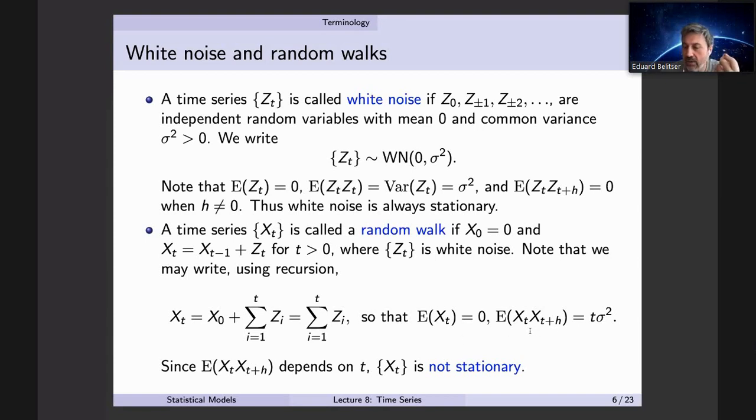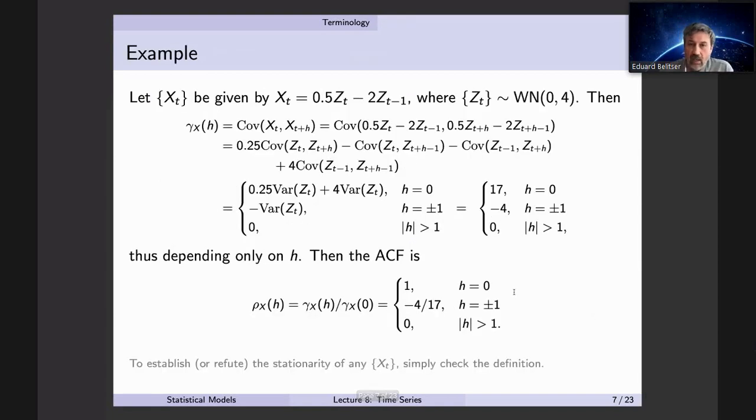You simply compute this quantity, and you will see that it's equal to t sigma squared, because there are t of them, and they're all independent. For a sum of independent random variables, the variance of the sum is the sum of the variances. So t appears here in the covariance. So it is not stationary, because the covariance function depends on t. Immediately you conclude it's not stationary. Okay, let's take a more difficult one. Let's use this again as a building block.